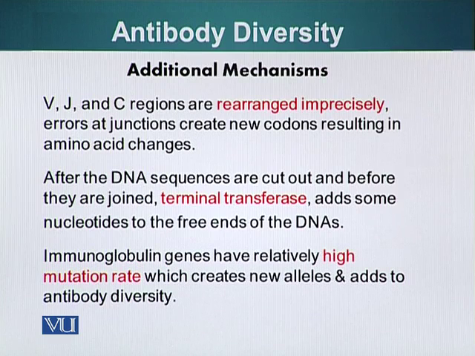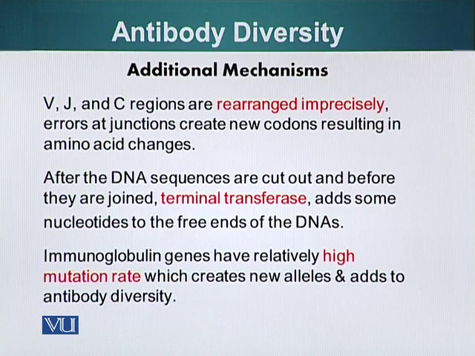by the B cells. For example, V, J, and C segments are rearranged imprecisely. Errors at junctions happen, and they create new codons, and when codons change, that results in different amino acid changes.